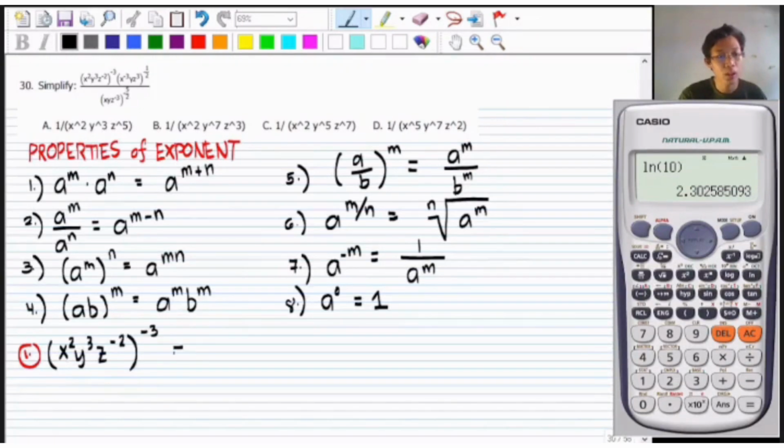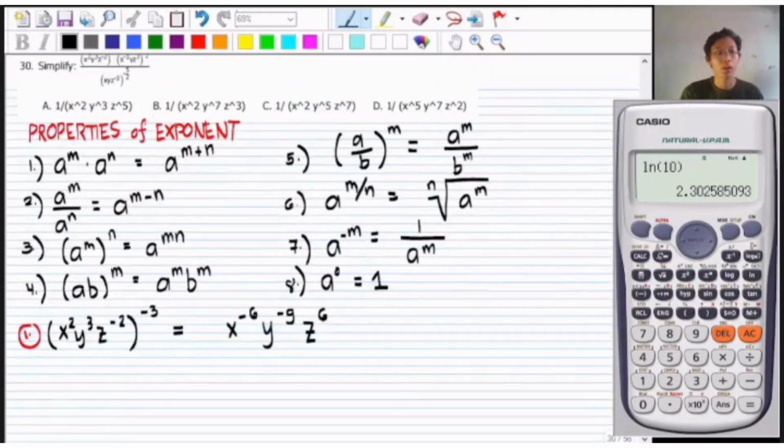Okay, simplify lang muna natin yan. That will be, anong property yan? Property number 3. So, times mo lang, x raised to negative 6, y raised to 3 times negative 3, that is negative 9, z raised to negative 2 times negative 3, 6.